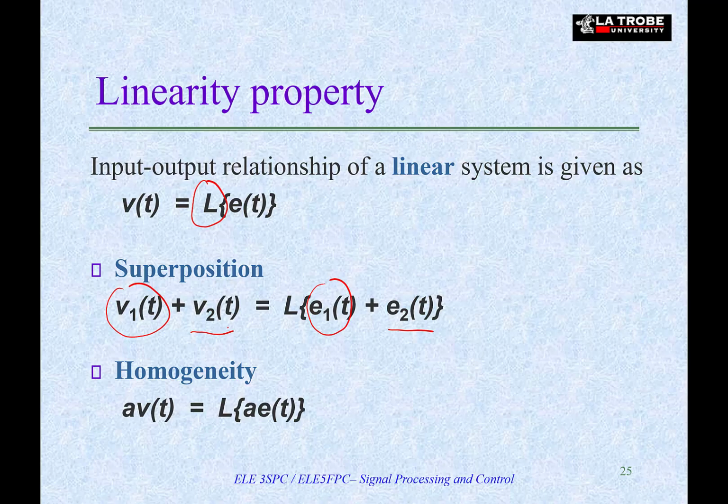Now the question is, if the system is subject to both the input E1(t) and the input E2(t), what will the output be? And under the superposition law, the output would be a summation of the individual outputs generated by the corresponding inputs. There is a practical use of the superposition law. Let's say a system has two inputs, one input is called a reference input, and I'll write it as R(t).